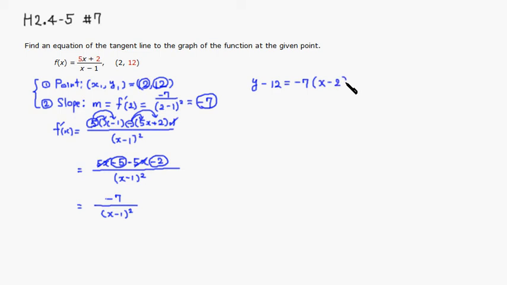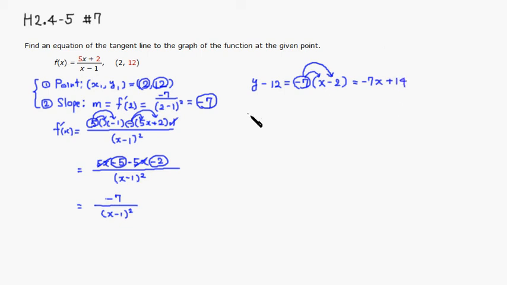Then I'm going to distribute the negative 7 to x, which gives negative 7x, and distribute negative 7 to negative 2, so it's going to be positive 14.